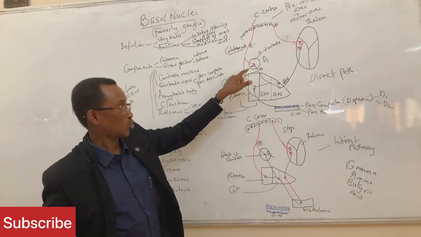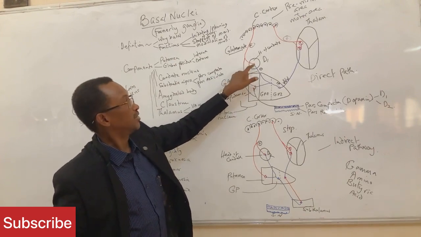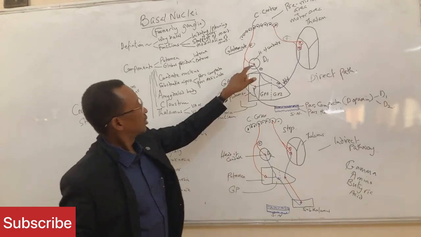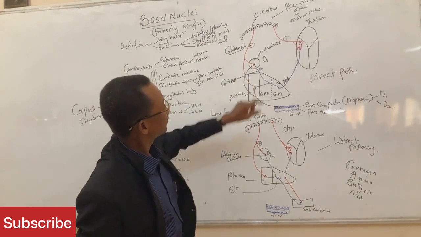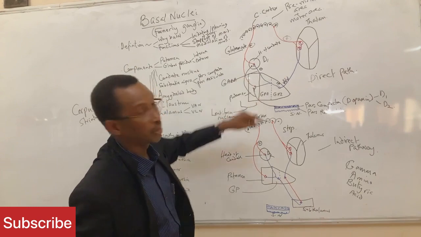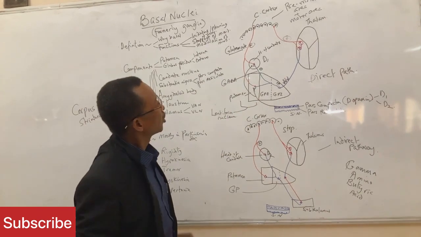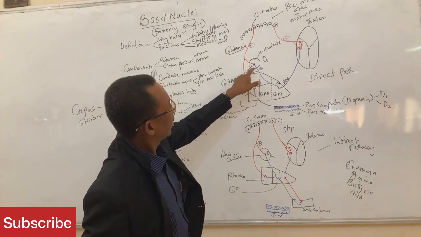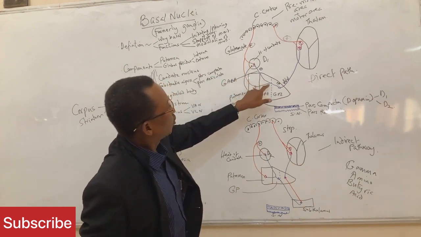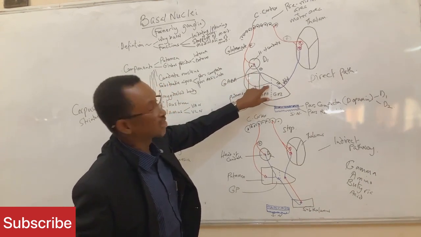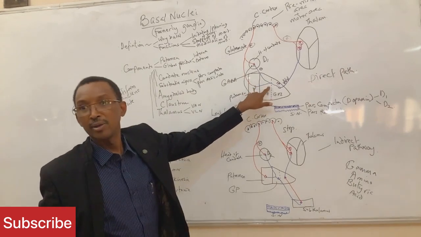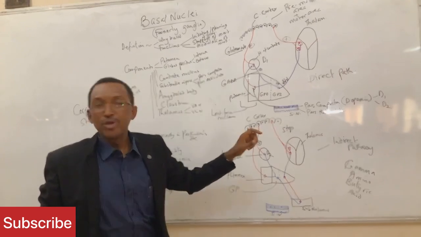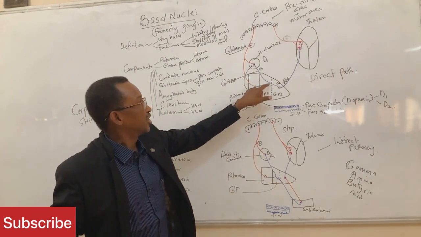The D1 receptors, once they receive this dopamine, excite this second order neuron the more. Are you clear? So once these are excited, it is going to increase the production of more GABA here. Are you clear? So what happened to the production of GABA?